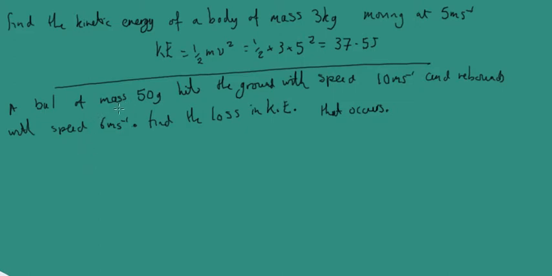So first, let's look at the mass. That's 50 grams. We need it in kilograms, so that's going to be 0.05 kilograms. So the change in kinetic energy is going to be the final kinetic energy minus the initial.